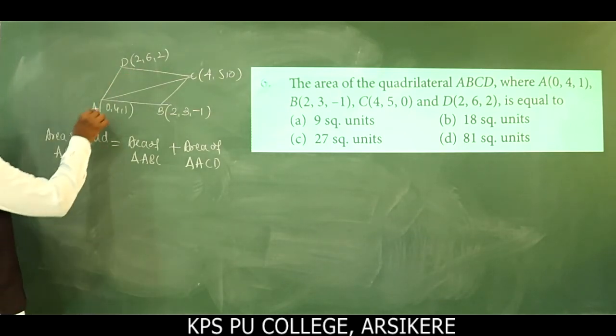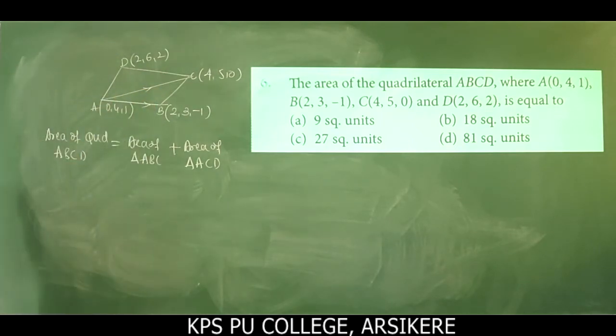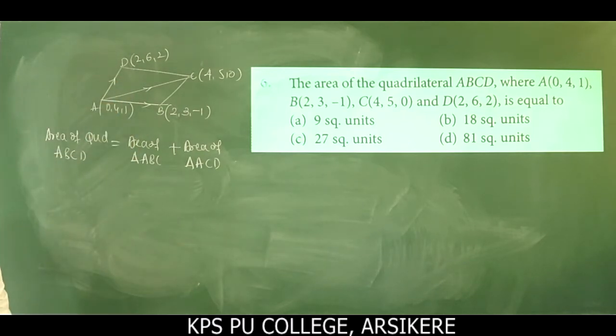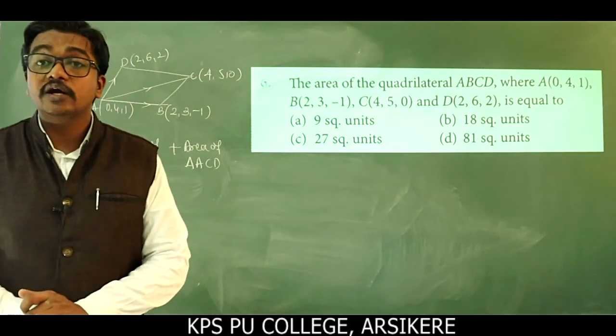Just observe here, AB and AC are two adjacent sides of the triangle ABC, and AC and AD are also two adjacent sides of the triangle ACD.